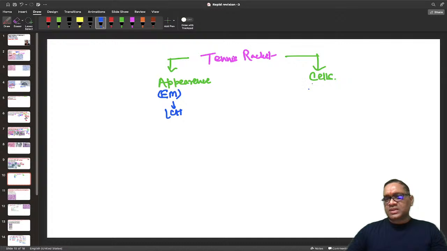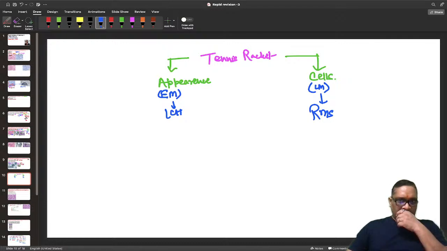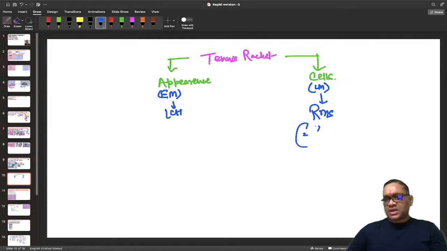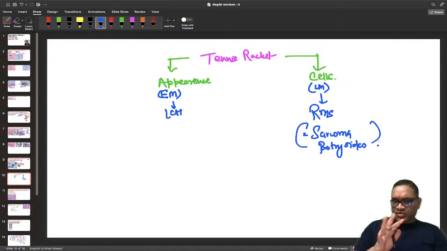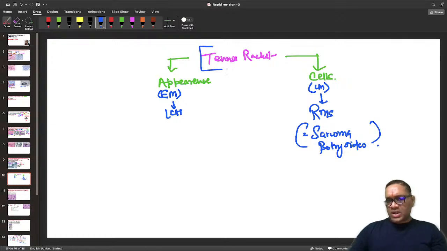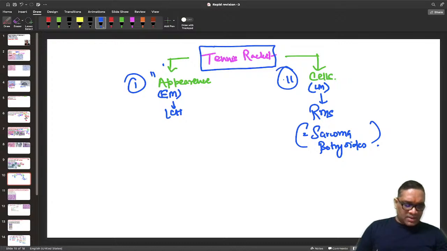Tennis racket cells are seen on light microscopy, and they are seen in rhabdomyosarcoma, right? So we have to be very careful. In rhabdomyosarcoma, the special type the examiner asked about is sarcoma botryoides, the sarcoma of the vagina. So this is a very important thing to understand: whether the examiner is writing tennis racket cells or tennis racket appearance, they are different.